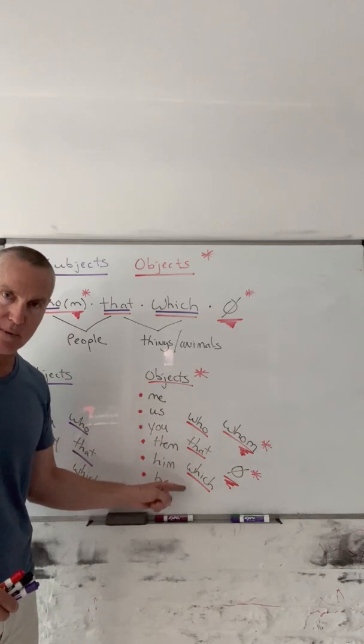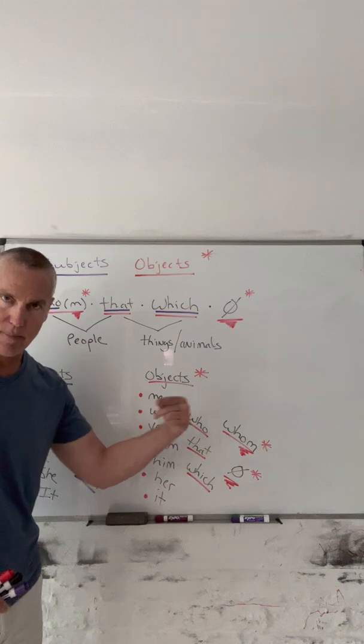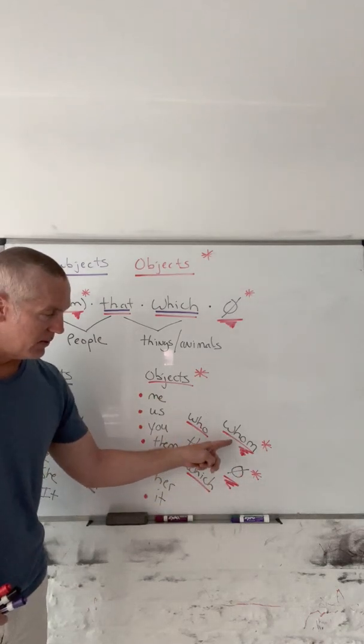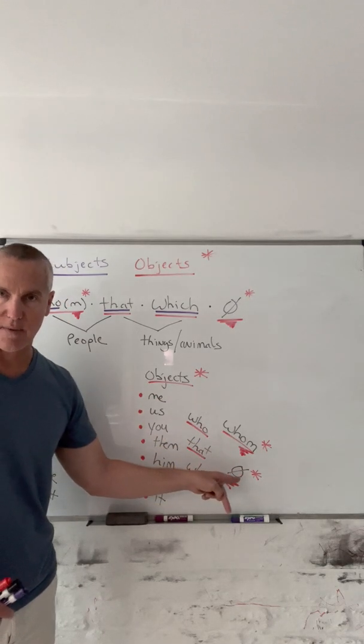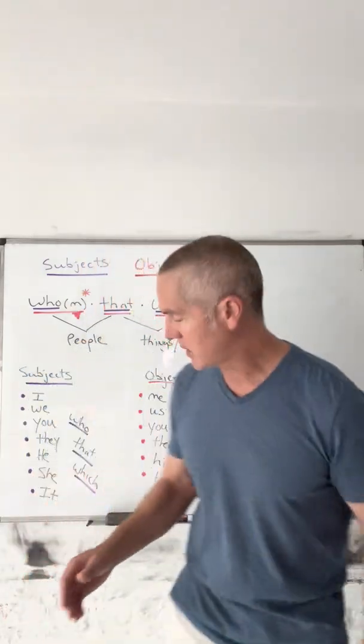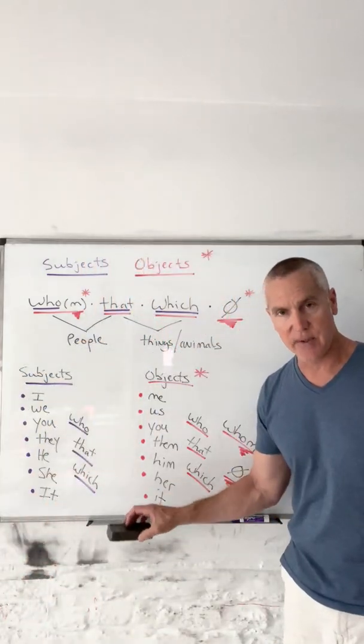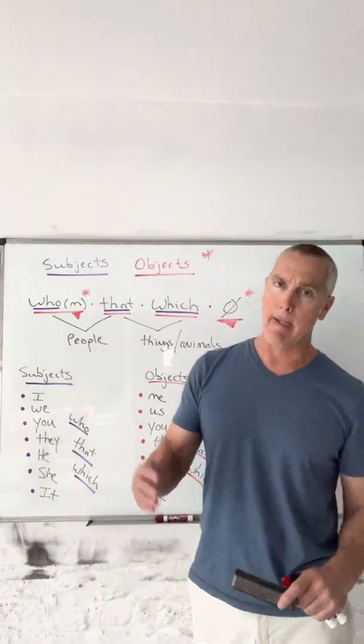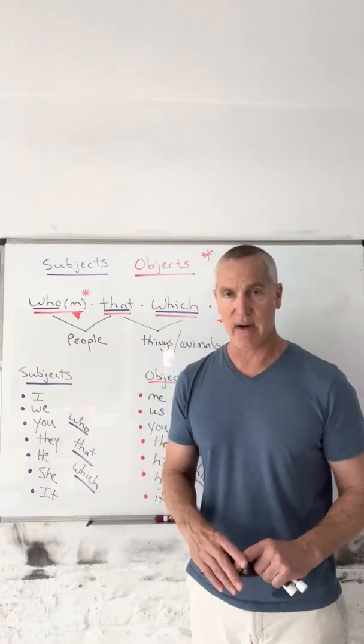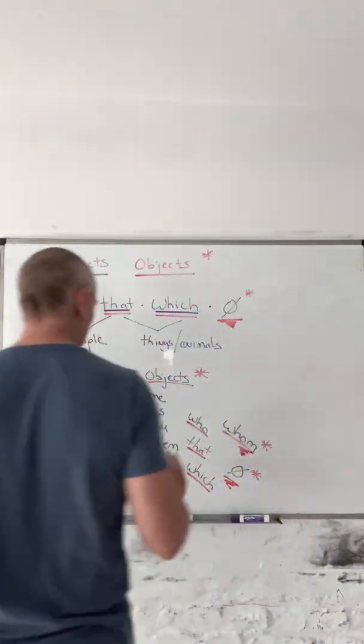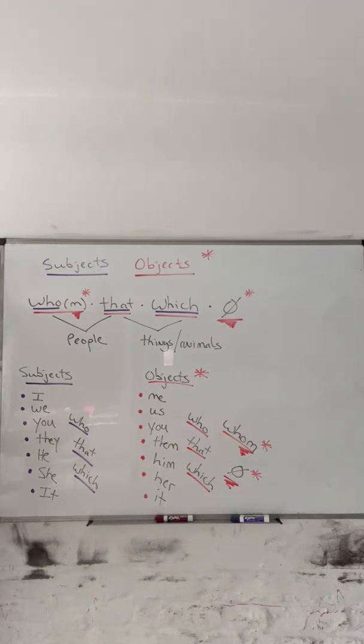We have the same three options: who, that, and which, plus these two: whom or nothing. So let's take a look at a couple of examples, and you'll see. Here we have an object reference. And one more time, if you want to pause it and take some notes, there's the board.